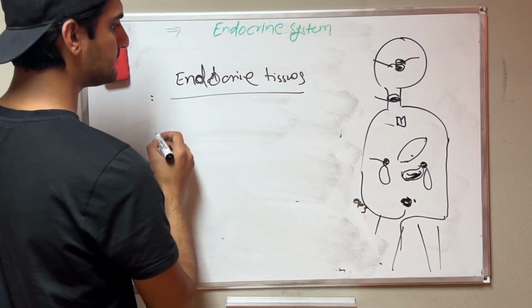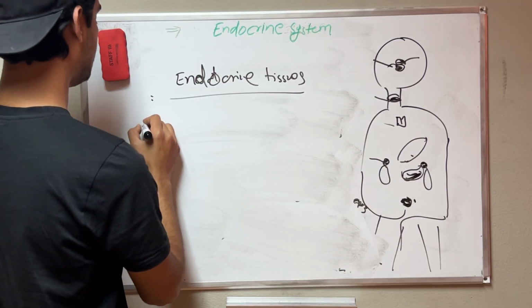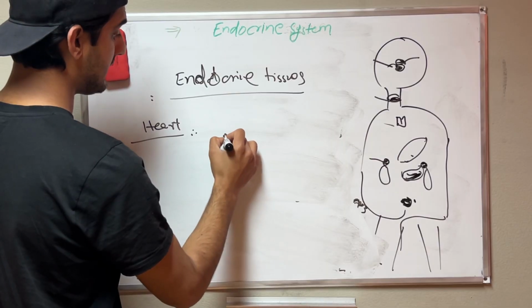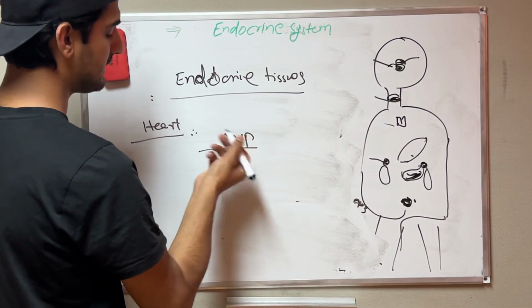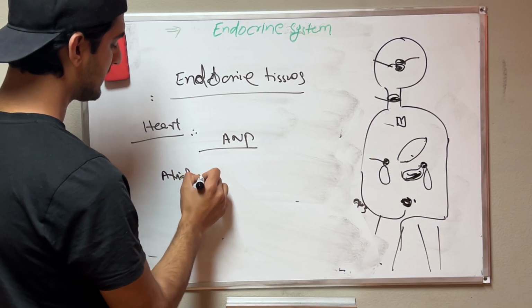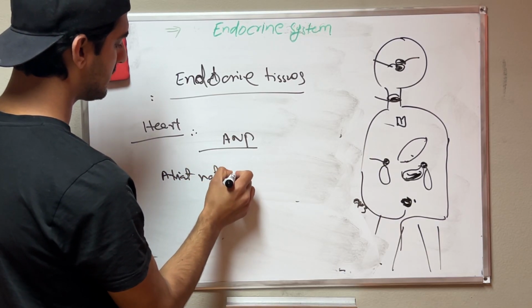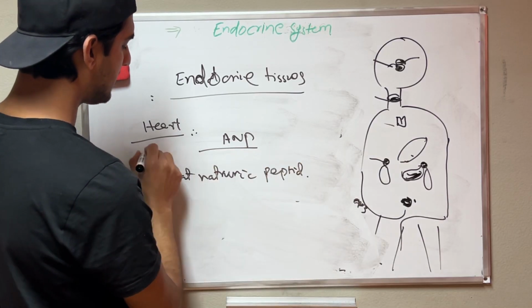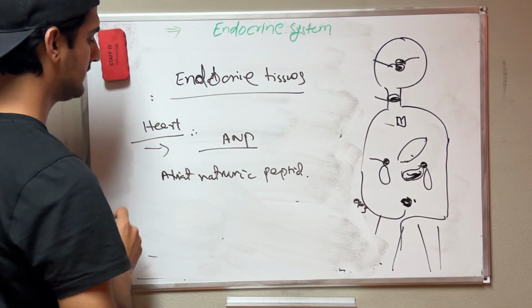Then we have the heart. The heart is also a gland which releases ANP. What is the meaning of ANP? Atrial natriuretic peptide. It is released only from the heart.